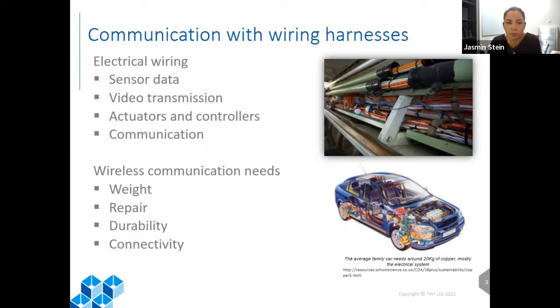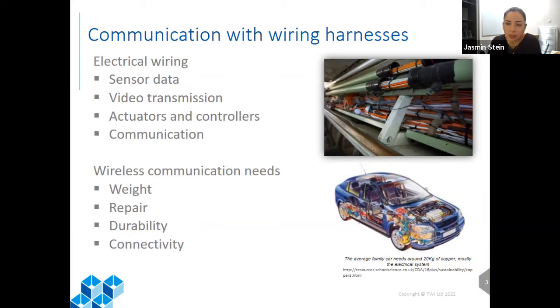In a car, you may use extra cables or wiring for sensor data, or to send camera signals or data, for actuation and control systems, and for a certain level of communications as well. This means you have different types of cables, and that is also linked to the amount of connectivity you may have, and they could be very complex.